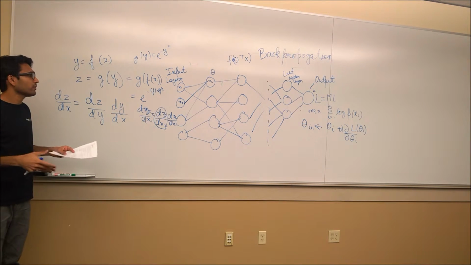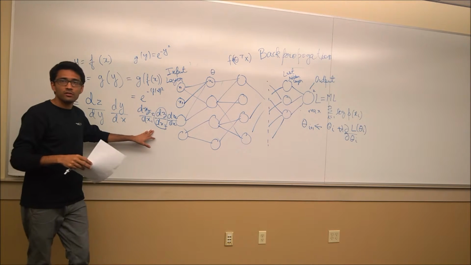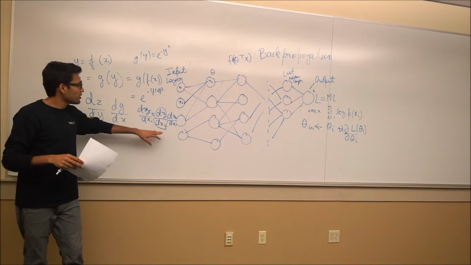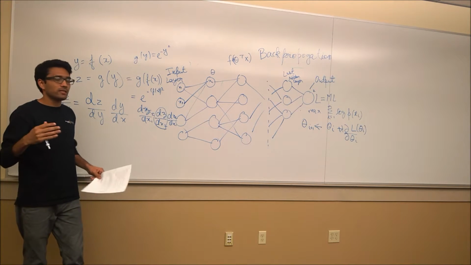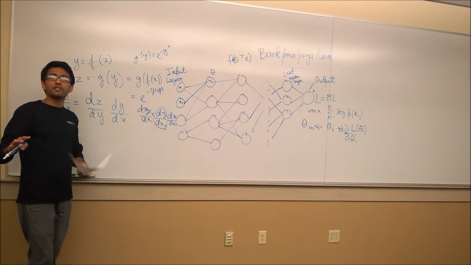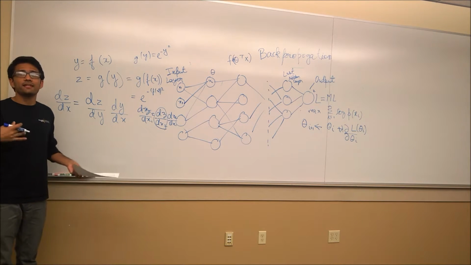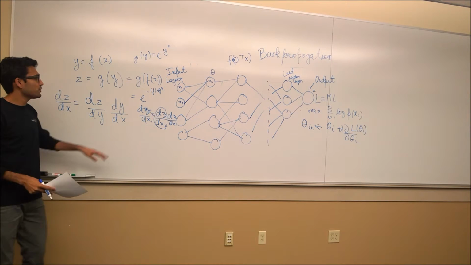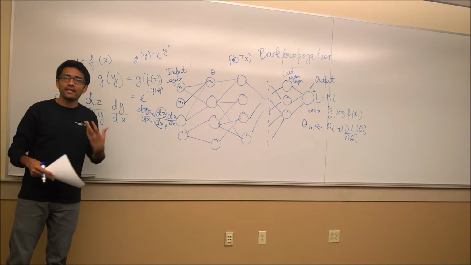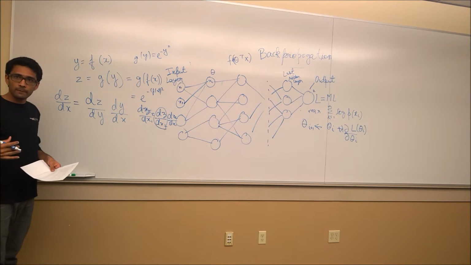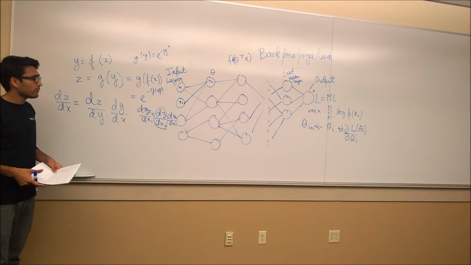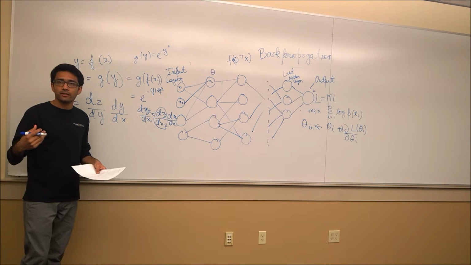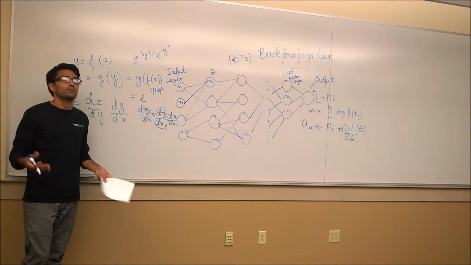What if I did this computation and cached these values? This is the general principle of dynamic programming: if there are sub-problems which need to be computed again and again, then I store the values of those sub-problems and reuse them later, which is known as memoization.